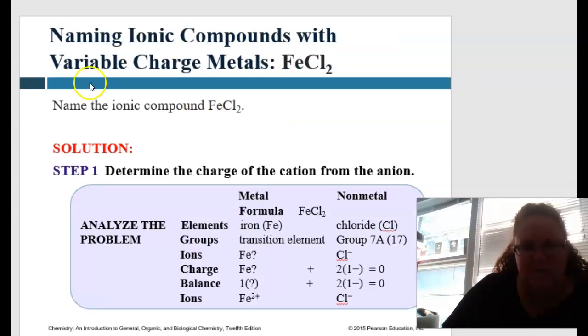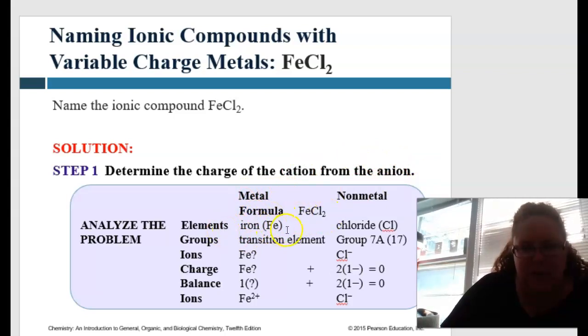So let's practice together and name the ionic compound for FeCl2. Step 1 is determine the charge of the cation from the anion. And so our formula again is going to be FeCl2.